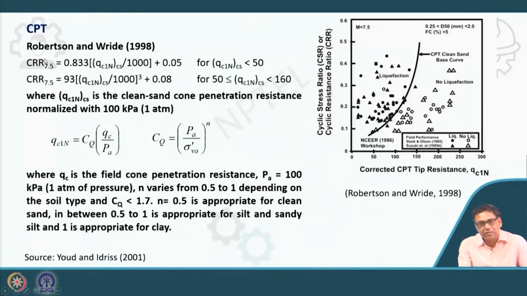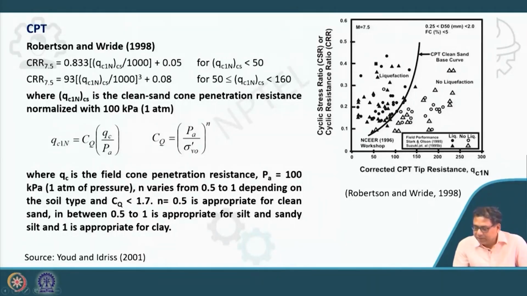Again, it is CRR or CSR as I mentioned, but now it is termed as CRR. As it was previously called CSR 7.5, both terminologies are being used here. It is valid if this normalized tip resistance is less than 160 under the clean sand condition, so after conversion.